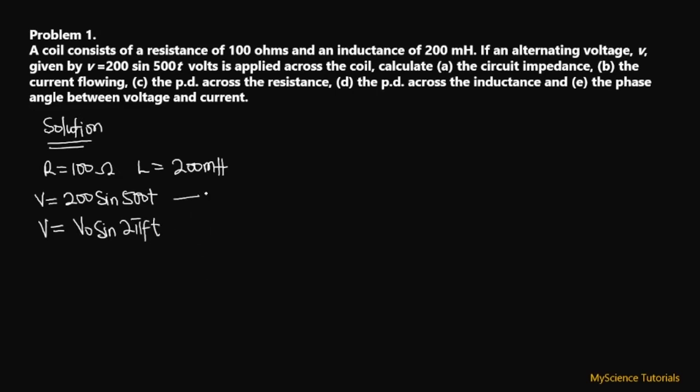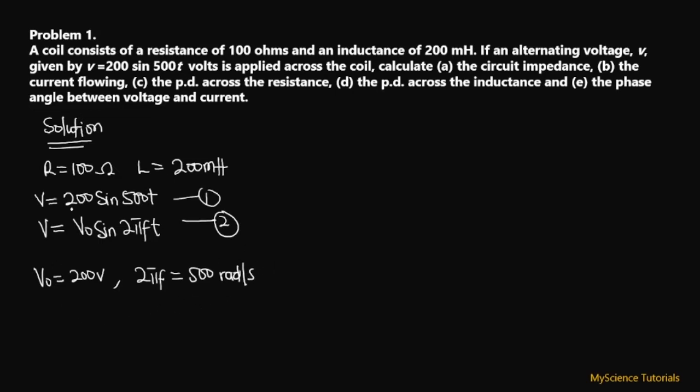So if this is our equation 1 and this is our equation 2, comparing them, we can see that V naught is equal to the 200 volts over here, and 2 pi f is equal to the 500 we have over there, in radians per second.